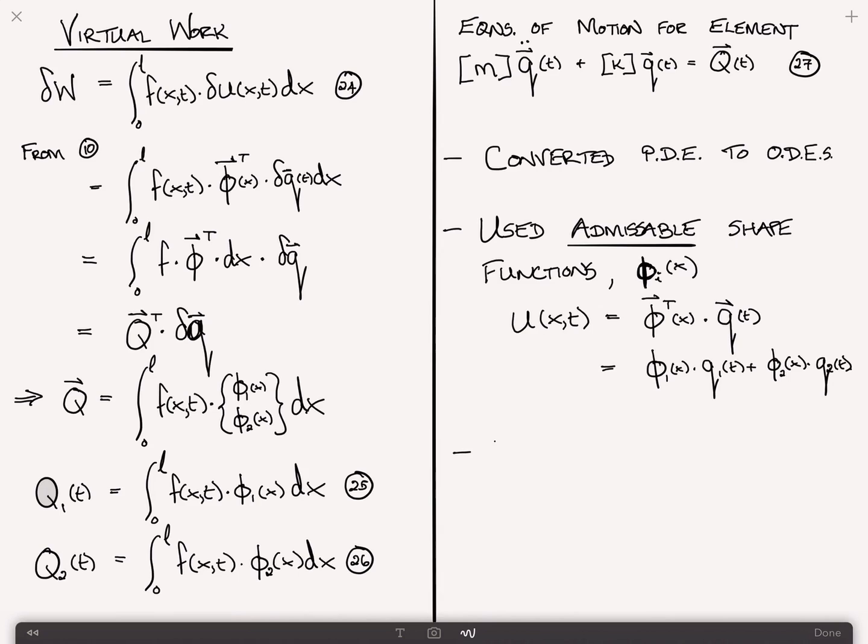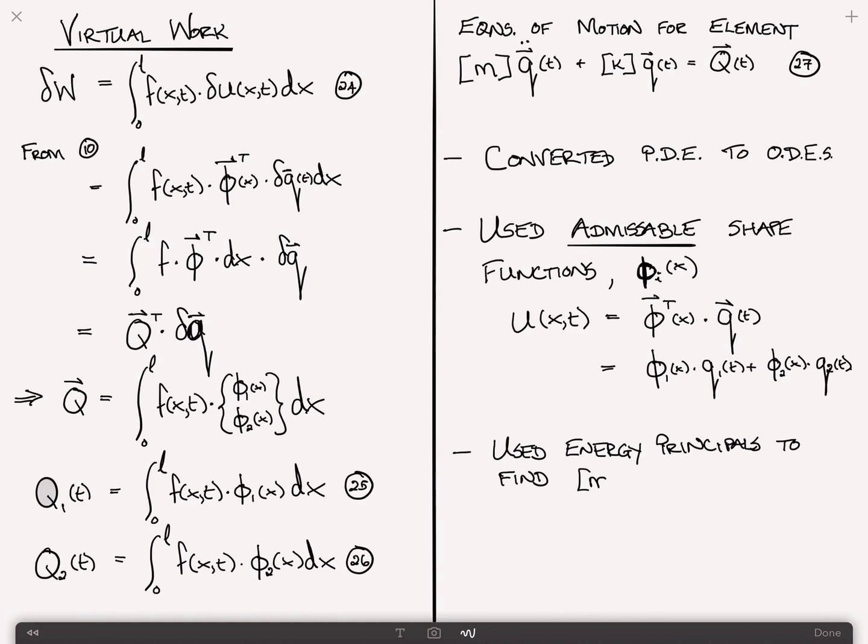Okay? And then finally, we used energy principles to find the stiffness and mass matrices and the force vector.